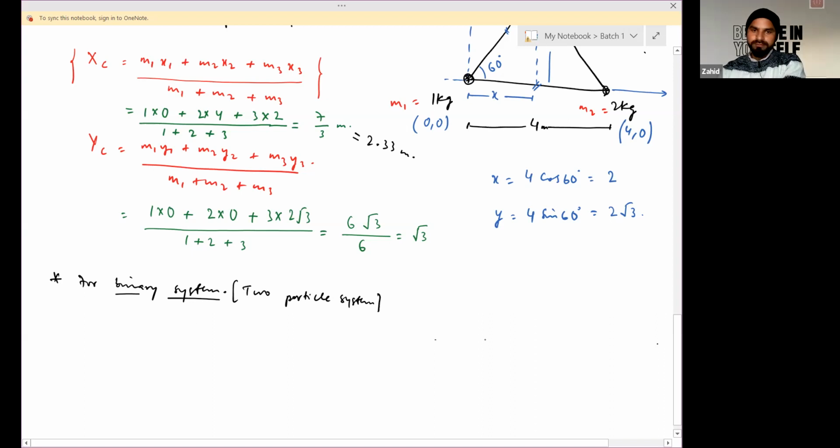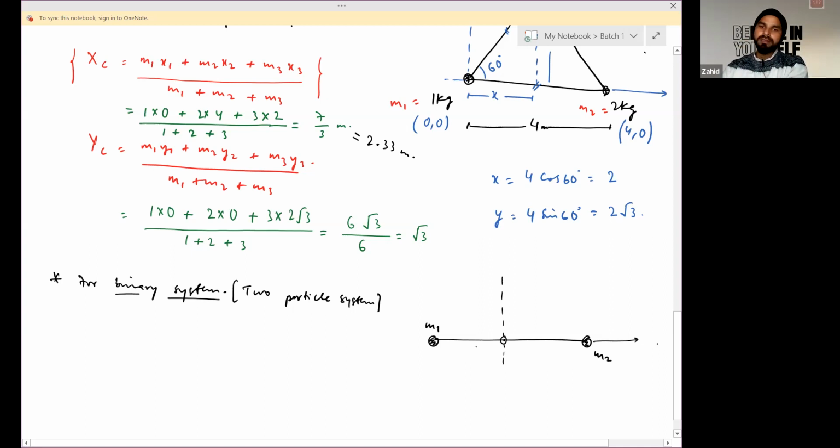Suppose you have 2 bodies. First is M1 and second is M2, aligned along a straight line. Now let's assume the origin to be at this point, which will be along the center of mass of this particular system.